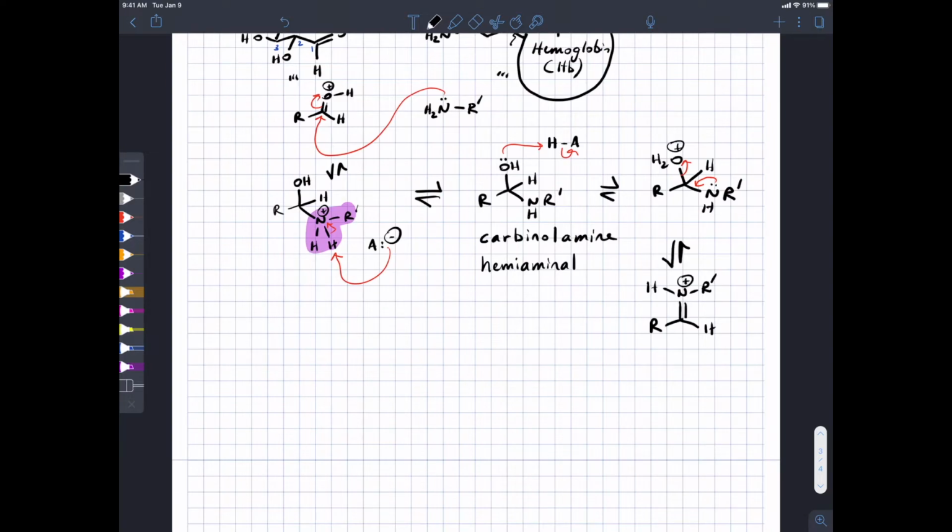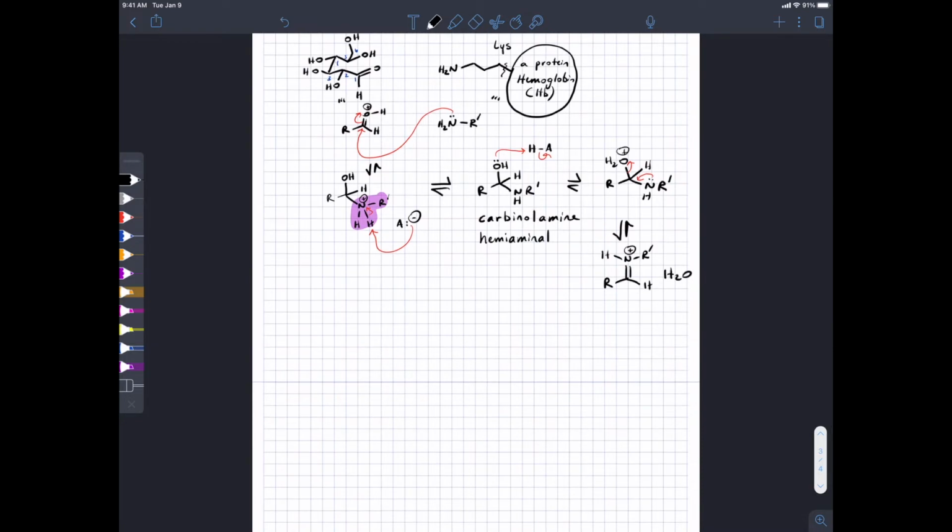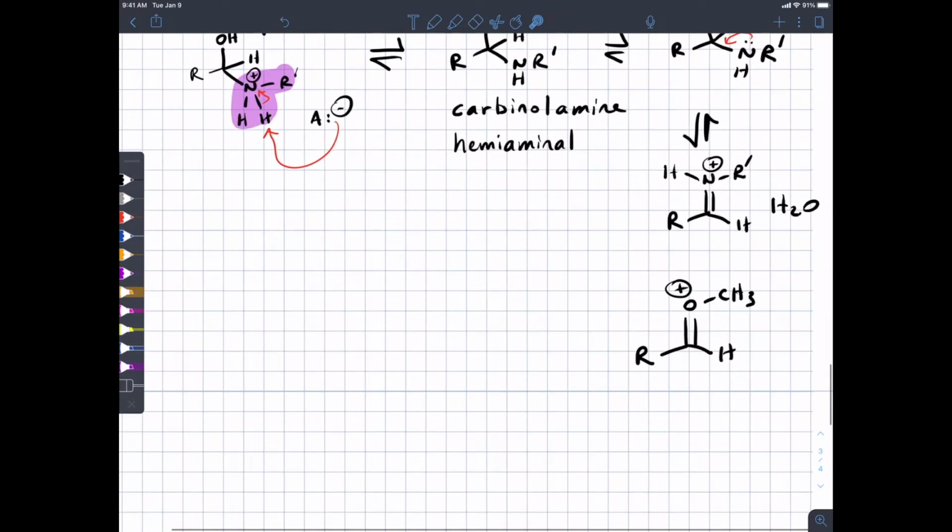With a positive formal charge on nitrogen. And water was our leaving group. Now, the analogous structure in acetal formation was this oxonium ion, which was positively charged because the oxygen was bonded to three things. Notice that nitrogen's from a different column of the periodic table. It comes with a different number of valence electrons. Nitrogen is only positively charged when it's bonded to four things, not three.